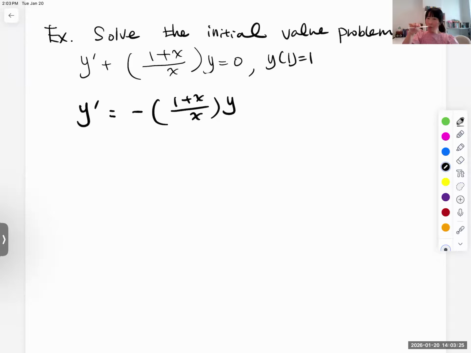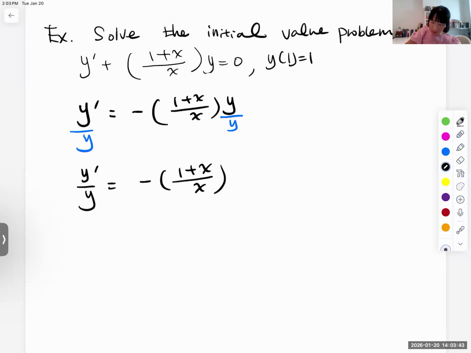So if we get rid of y on the right side, everything is clear, right? Divide by y on both sides. So we have y prime over y equals negative (1 plus x) over x. That's it, right?